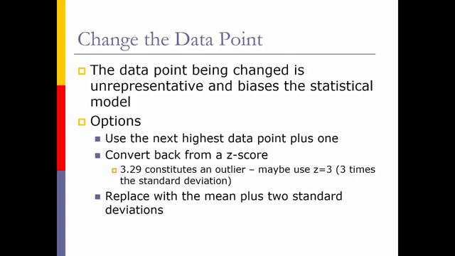I want to reduce that back to within 3 standard deviations. So I'm going to use my z-value of 3. And then you can come up with a new number. Or you could replace that data point with a mean plus 2 standard deviations. So now it's a little bit more normal than the 3 standard deviations. But again, you have to have a very good rationale as to why you're going to be doing that.